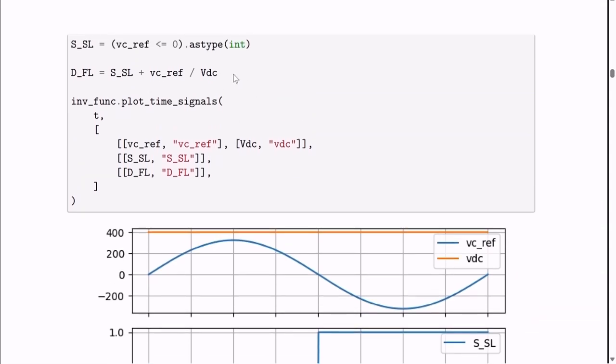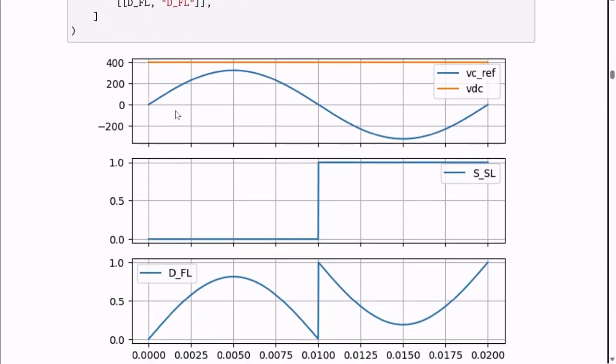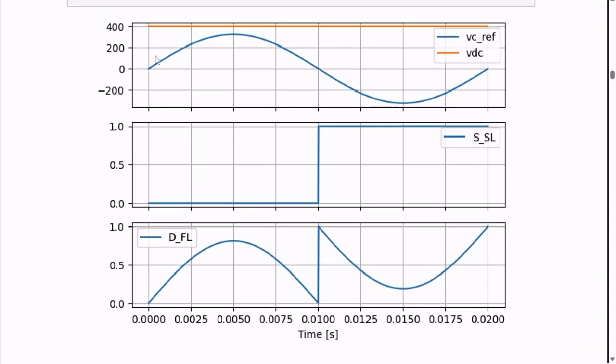If we plot this, with a DC voltage of 400 volts and a sinusoidal reference voltage for the inverter, the gate signal is 0 when it's above 0, and 1 afterwards. The duty cycle is sinusoidal for the first half period, and then we just shift it up for the second half period.